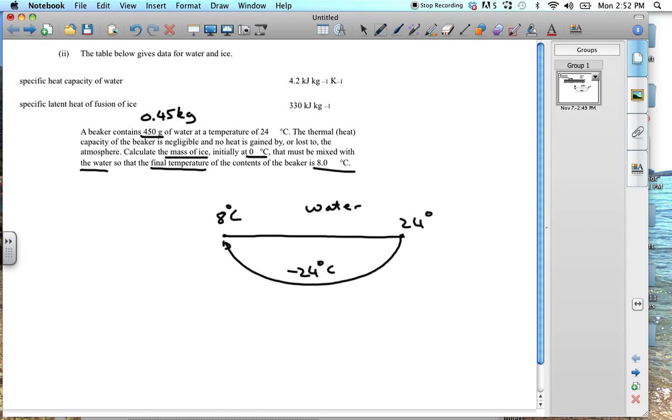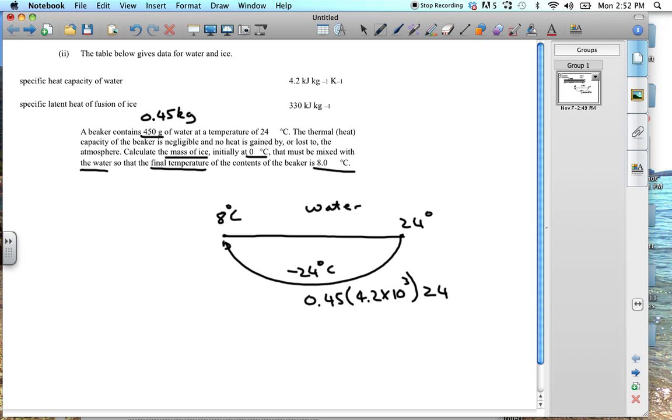So it's going to give out energy, in the form of 0.45 times the specific heat capacity of water, which is 4.2 times 10 to the 3, times that temperature change. That energy is going to be lost.